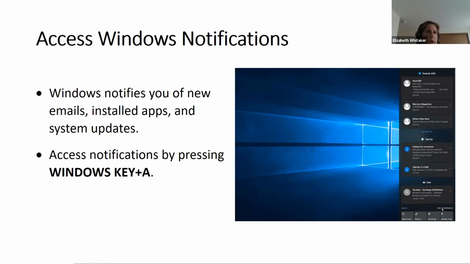Where do I go? You can access your notifications by pressing the Windows key plus the letter A, alpha, Windows A. The notifications for each application are then displayed in individual list boxes. So you can press the Tab key to move through those different list boxes, and then use your up and down arrow keys within a list box to hear the notifications for that application.